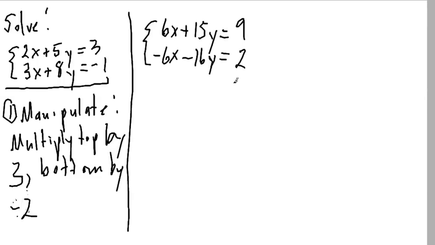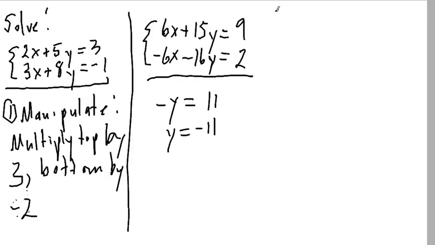Okay. Now when I add these guys together, what I end up with is 15y minus 16y gives me -y, and that's equal to 9 plus 2, which is 11. Okay. Now, this means that y is equal to -11. I can just switch the signs on both sides.